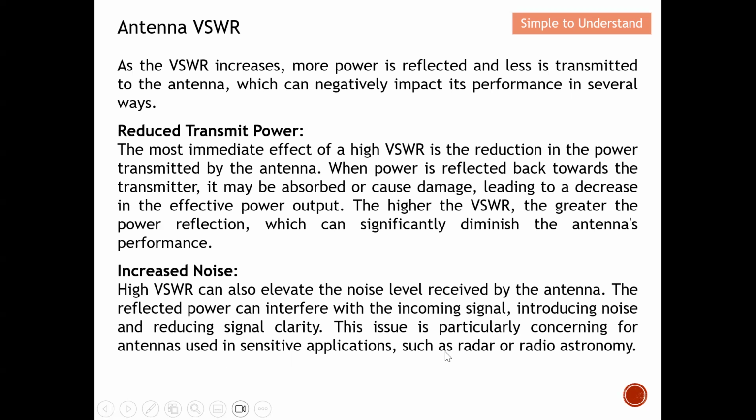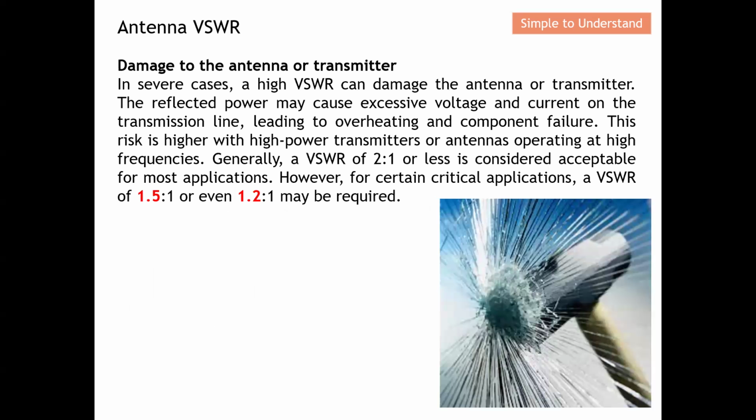Just imagine the radar signal is sent kilometers away, and the reflected wave is very weak. So any form of noise can damage this kind of information. Therefore, in a very sensitive application such as radar, we want to minimize the noise as much as possible. To reduce the noise, one thing we need to do is keep the VSWR as low as possible.